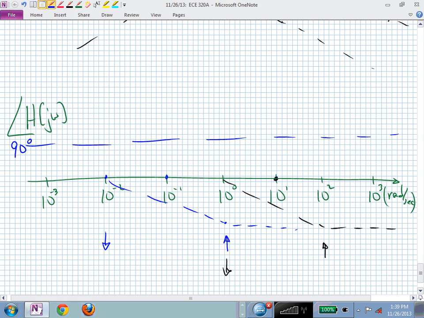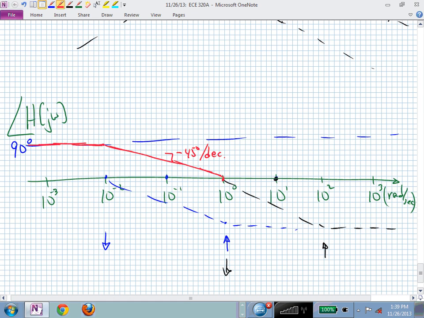Is that clear? And now I just add all of those pieces and parts. I started at 90. And now I need to go down 90 degrees over 2 decades, and nothing is happening to break up or down between those two, so I can simply connect this point with that point. And this is supposed to be a slope of minus 45 degrees per decade.